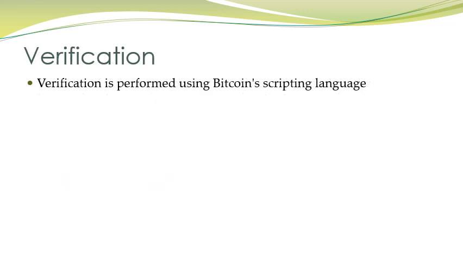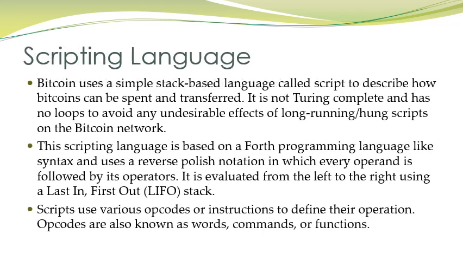Then verification. Verification is performed by using Bitcoin's scripting language. So we will see in detail what the scripting language is. We have to go into the details of the scripting language.